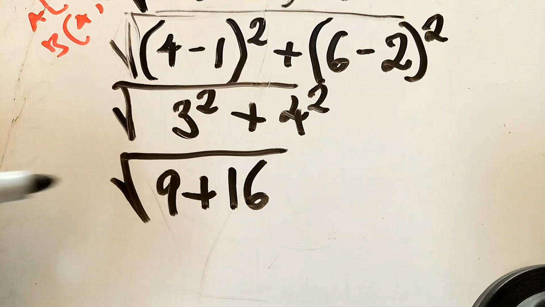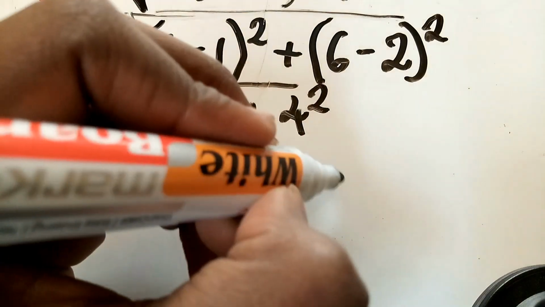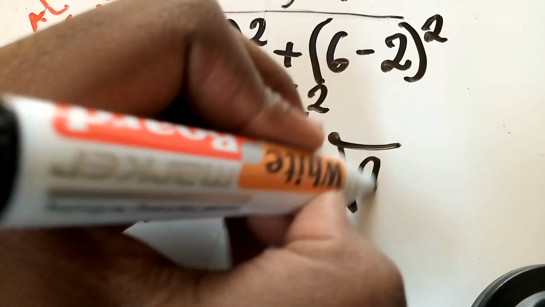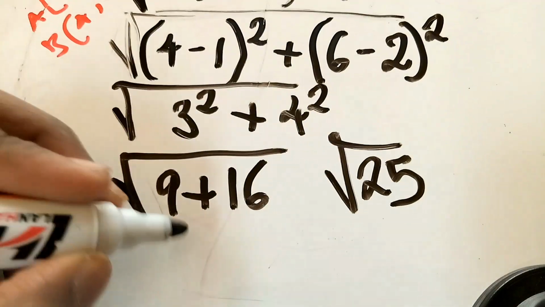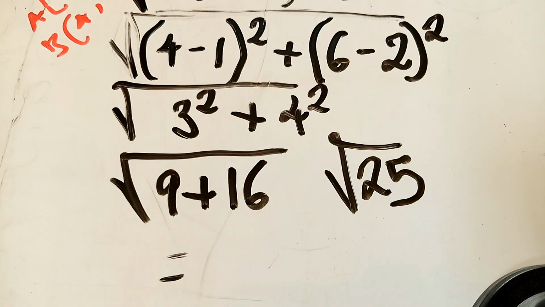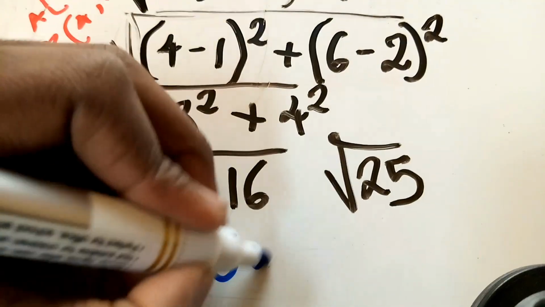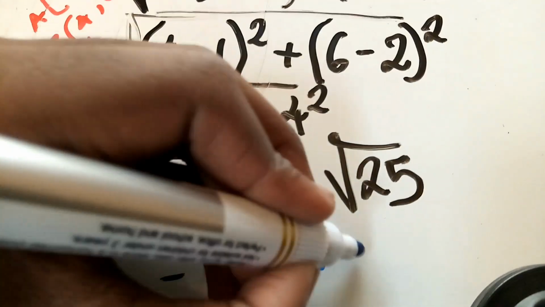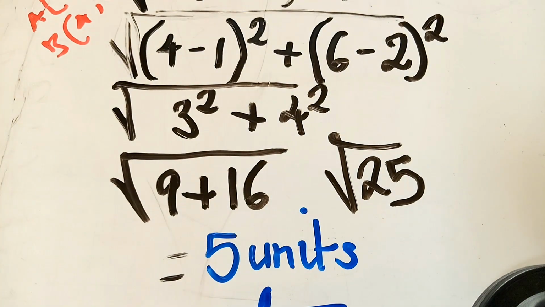Find the square root of 9 plus 16. So we know 9 plus 16 is 25. Then if we find the square root of 25, that would give us the number 5. So it will be 5 units. That is the distance between point A and point B.